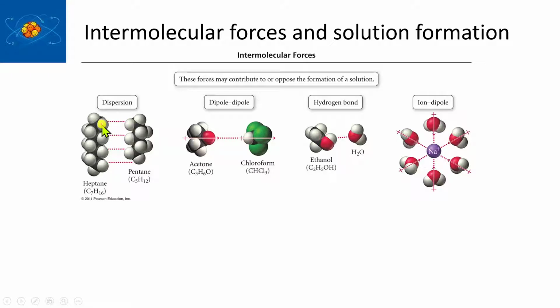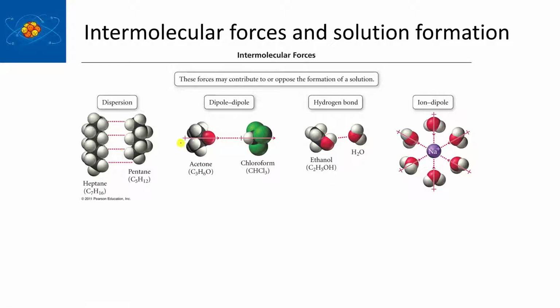So the only intermolecular forces they have are dispersion forces, and these are the weakest types of intermolecular forces. But as the molecule gets longer, the net dispersion force gets bigger because it happens at every point the molecule can make contact.